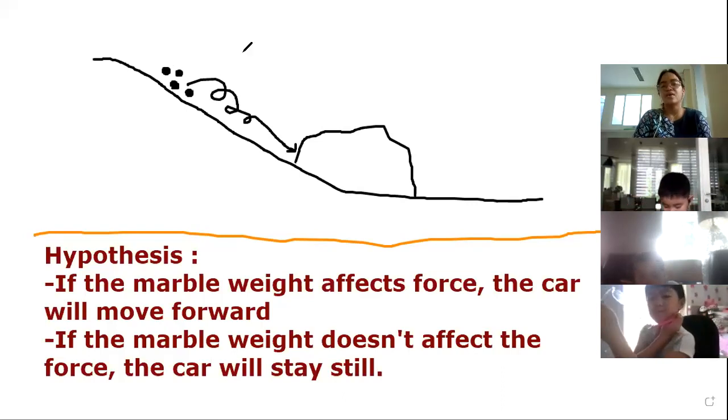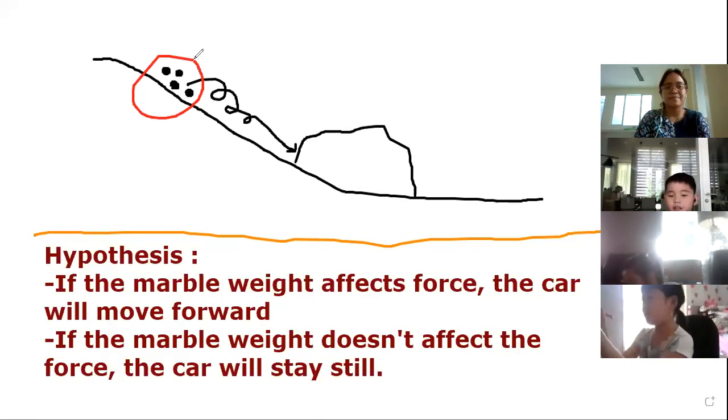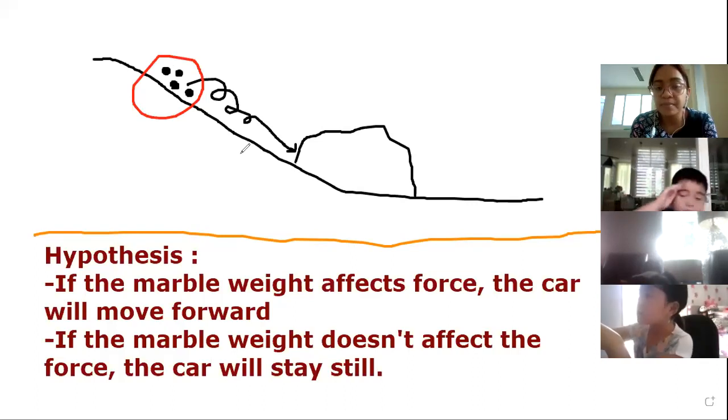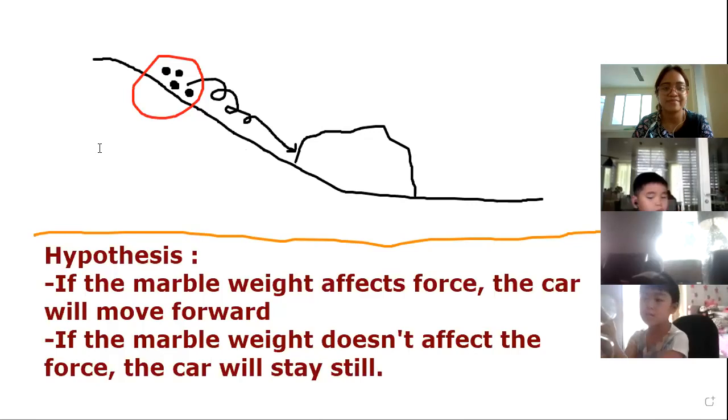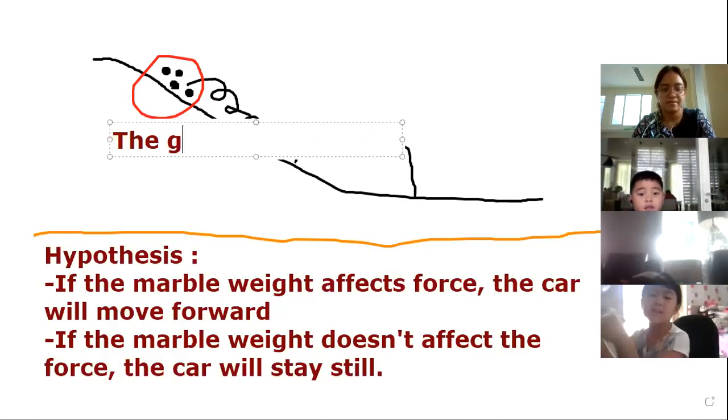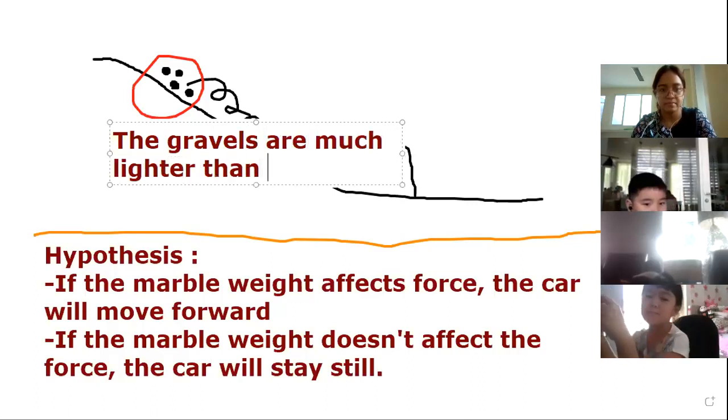Why do you think? Because gravels are little and the weight is so little. What about the weight of these gravels? It's like 2 kilograms. And the boulder? It's like 36 kilograms.